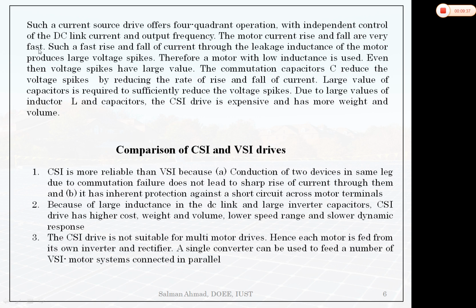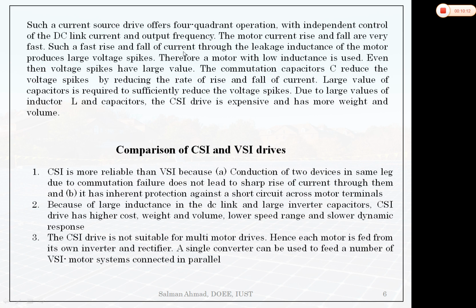So fast rise and fall of current will lead to high spikes in the voltage, because voltage is L di/dt. If di/dt is high, the voltage spikes will be more. So in these drives, motors with less inductance value are used. If we reduce the L value, spikes will get reduced.